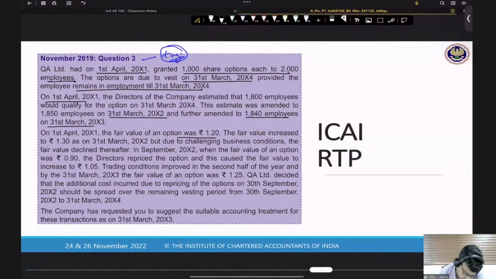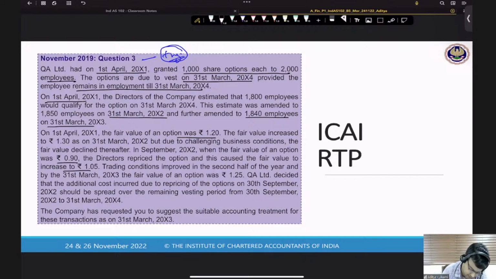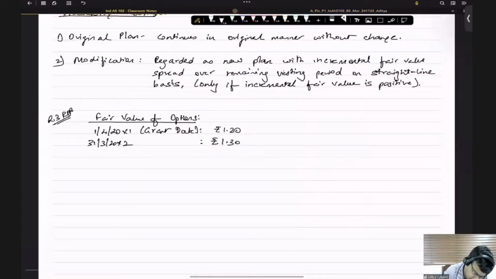1.30. But due to challenging business conditions, the fair value declined thereafter. In September 20X2, when the fair value was 0.9, the directors repriced the option, and this caused the fair value to increase to rupees 1.05.